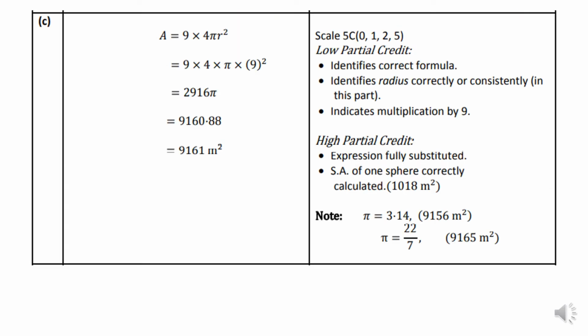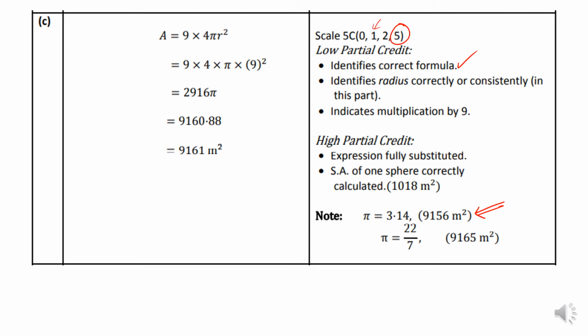Let's check our marking scheme. Again our answer looks slightly different to the marking scheme due to the value of pi we used, so it's fine, we weren't told exactly which value to use. There are 5 marks going for part C, and again you get a mark for identifying the correct formula, so always write down your formula, or if you put in your radius correctly you get 1 mark, or if you indicated that you should multiply by 9 you get 1 mark.